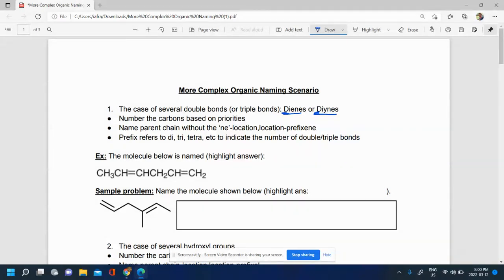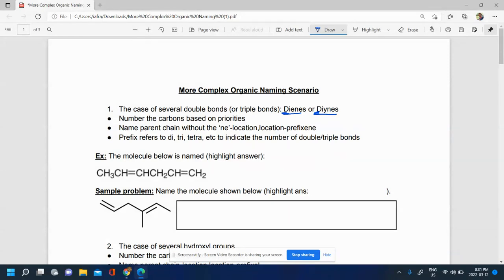And so when you want to name these type of molecules, what you need to do is find your longest chain that contains all the double bonds or triple bonds or whatever be the case. And you need to number your carbon chain so that you follow all the priorities. Generally speaking, we want to make sure that the double bonds or triple bonds have the lowest number, so the highest priority there.